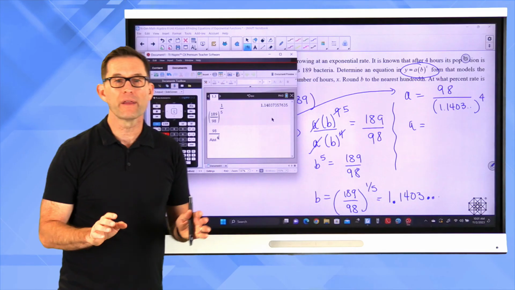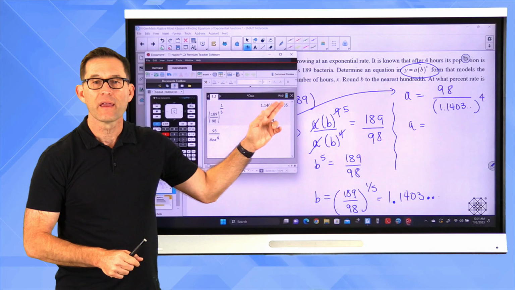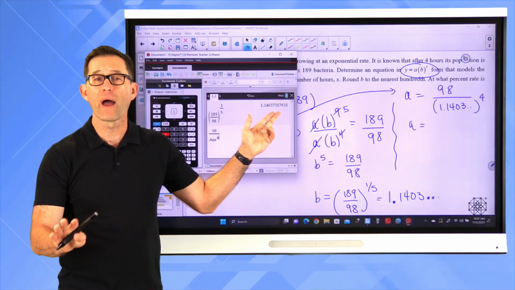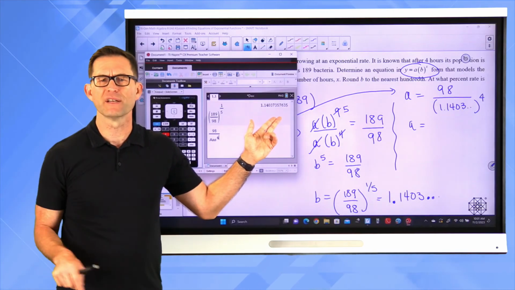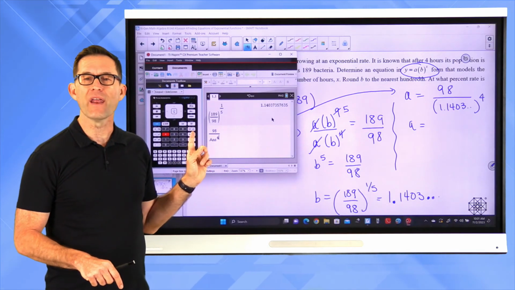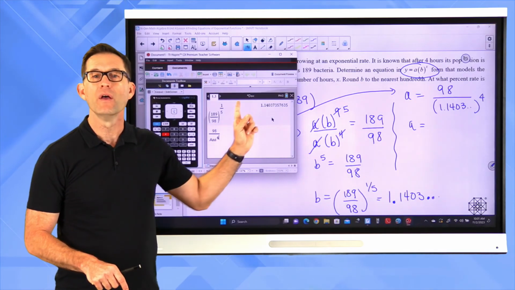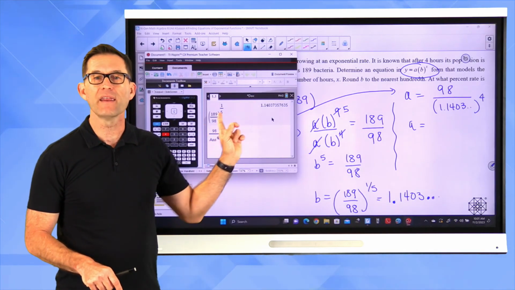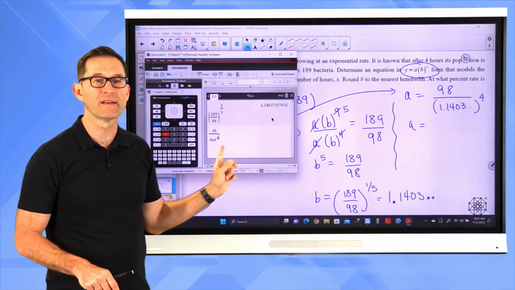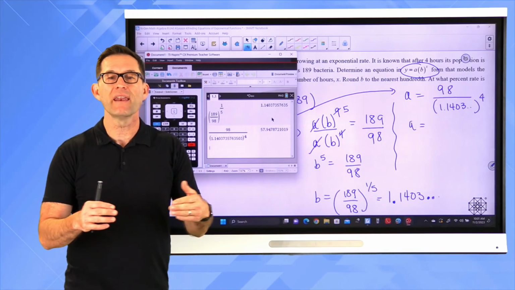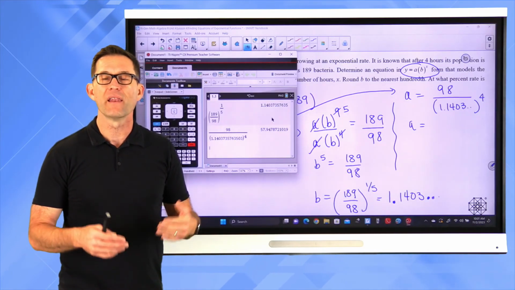Here is my answer for the value of b, unrounded in its terrible decimal glory. I know that a is going to be 98 divided by b raised to the 4th, so I tell my calculator, take 98 and divide it by my previous answer raised to the 4th. By doing that, I don't risk any rounding error that throws me off.